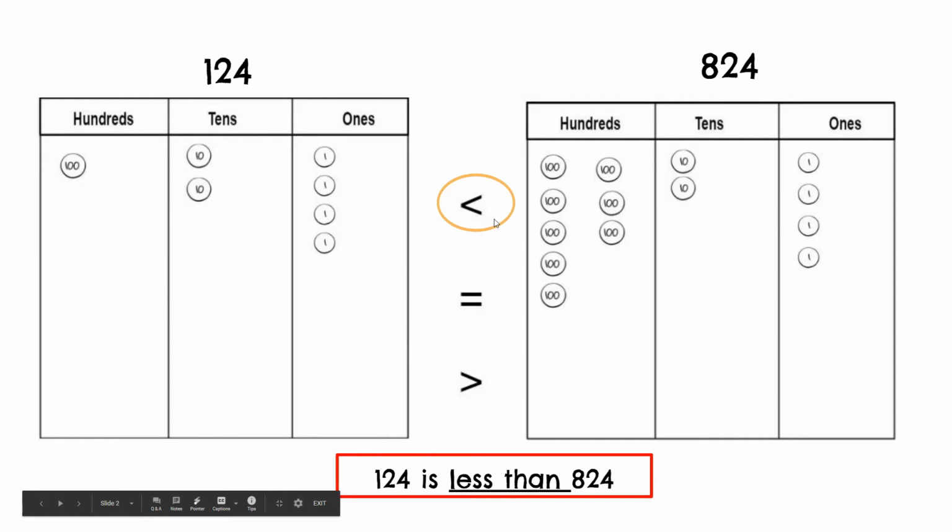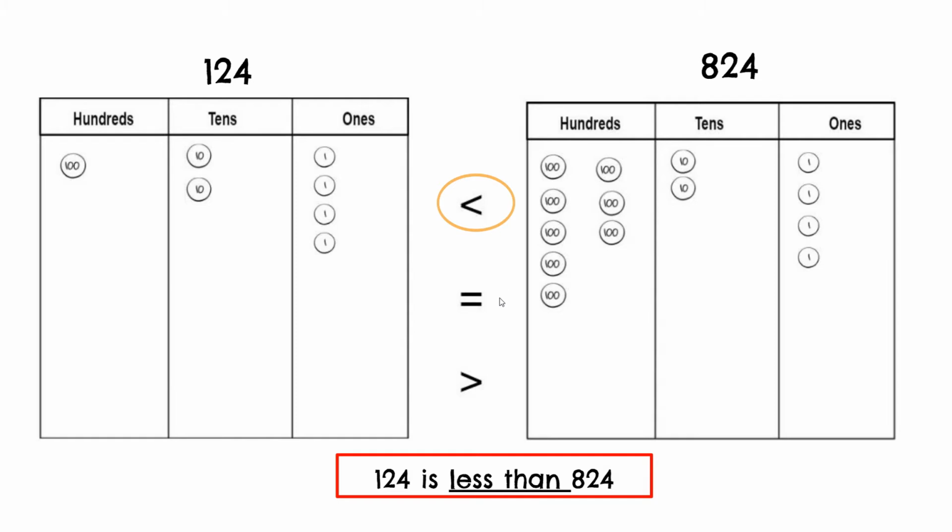And here is the math symbol that we're going to use. Remember, the opening on our symbol that is larger will face toward the larger number, or the number with a greater quantity. And this time, the number that has the larger quantity is 824. That's why we use this math symbol, less than.